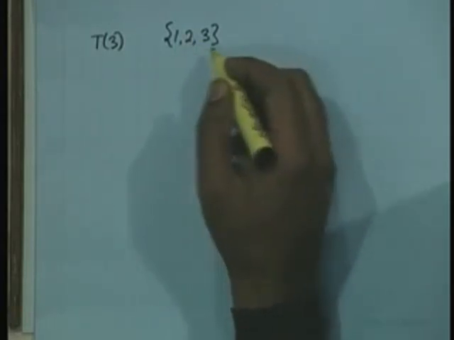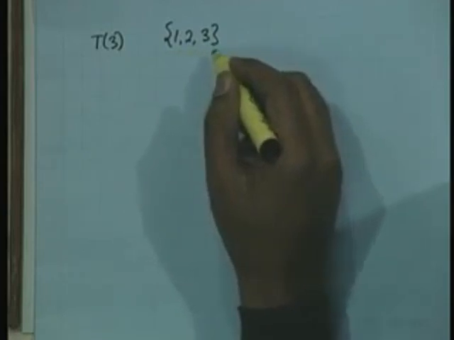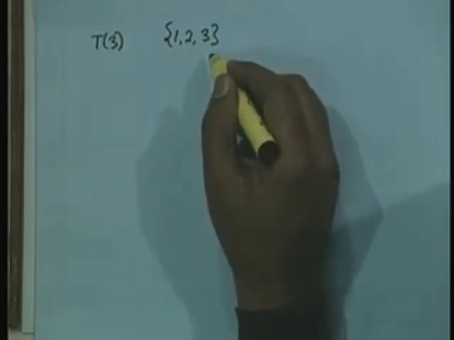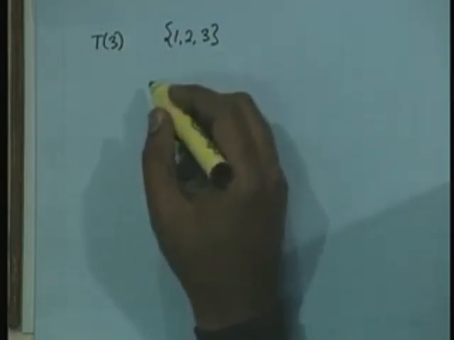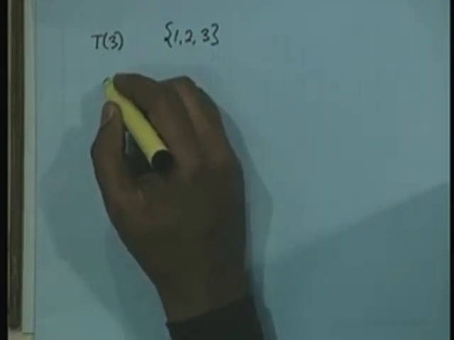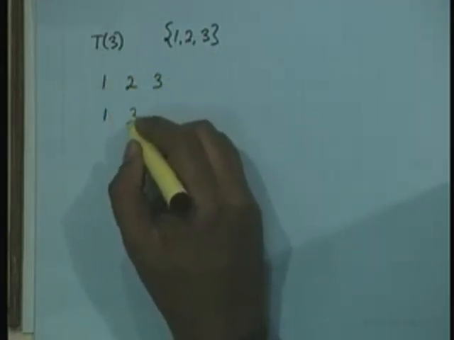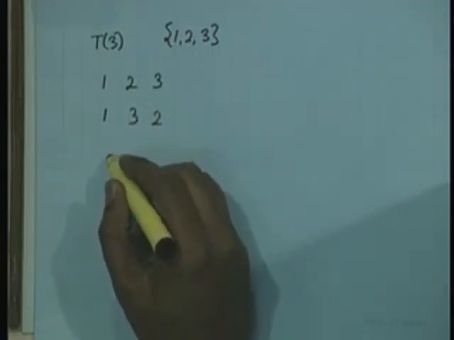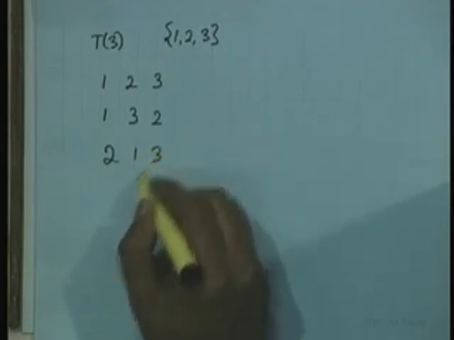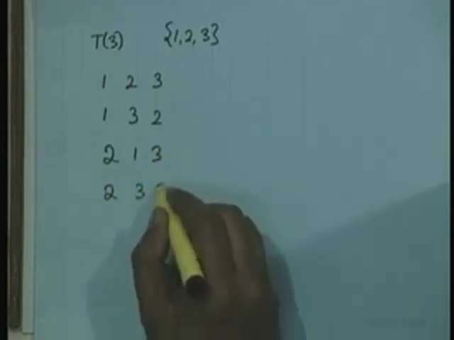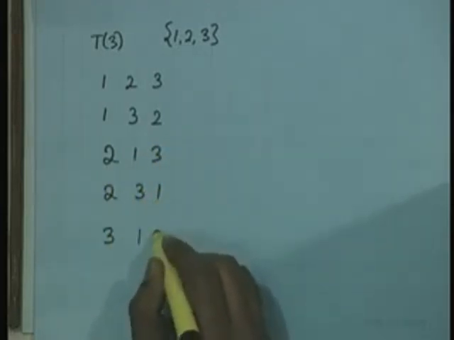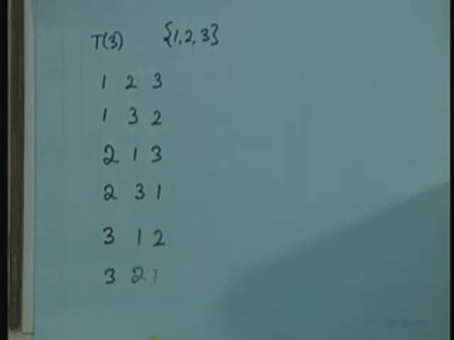So, what are the various possible trees on 3 nodes that we get? What are the various permutations of elements 1, 2, 3? We will have 6 different permutations: 1, 2, 3; 1, 3, 2; 2, 1, 3; 2, 3, 1; 3, 1, 2; 3, 2, 1.